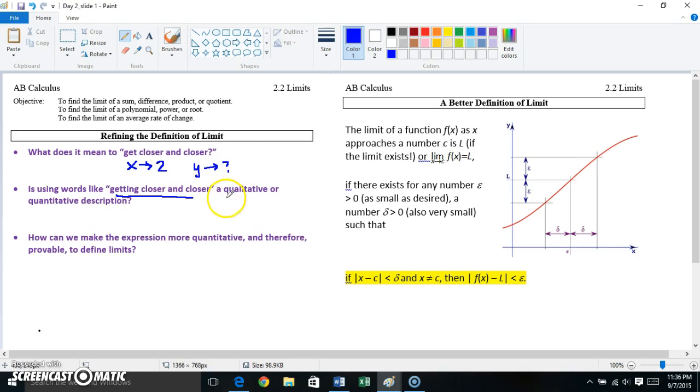Closer and closer is really just talking about a qualitative idea. And if we want to talk about a quantitative idea, we would need to use some other variables, let's say. One variable is delta, and another variable, epsilon.